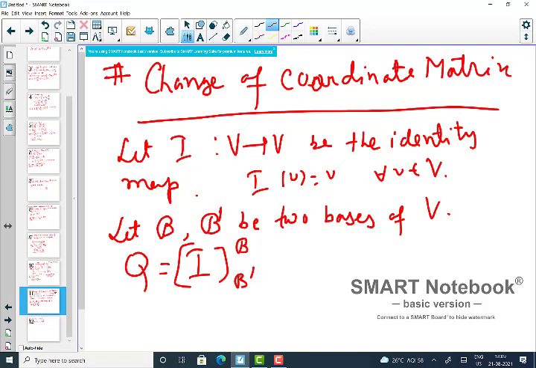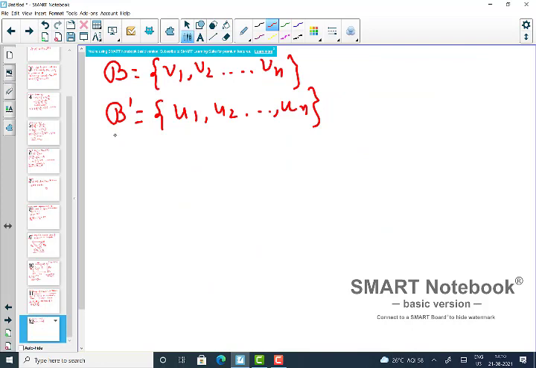Q changes from B dash to B. Then Q actually sends, if you take I of u1, so u1 means u1 itself because I is the identity, and you are writing it in terms of these elements.